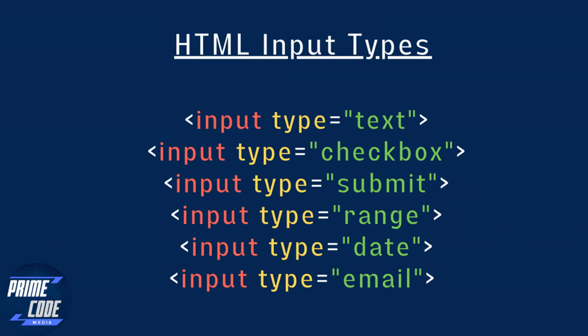Put differently, how an input element works depends on the value of its type attribute. Now, let's see practical examples of how these elements are used to create HTML forms.